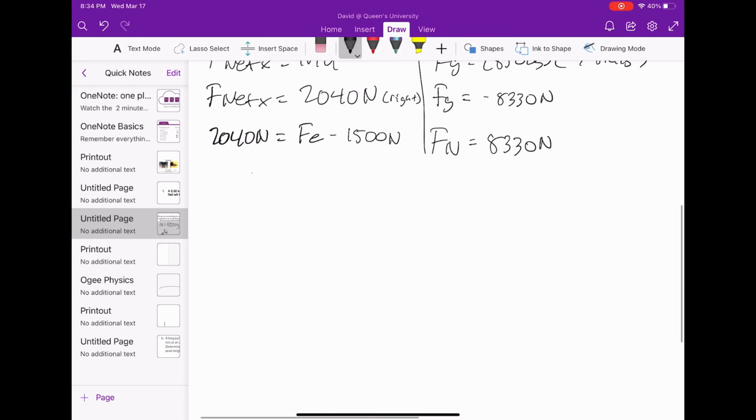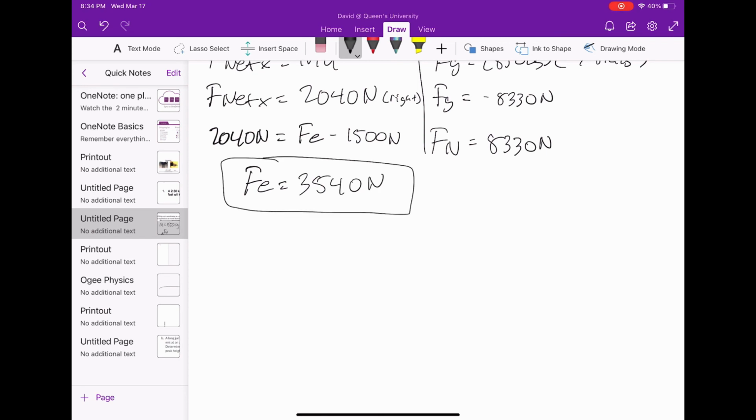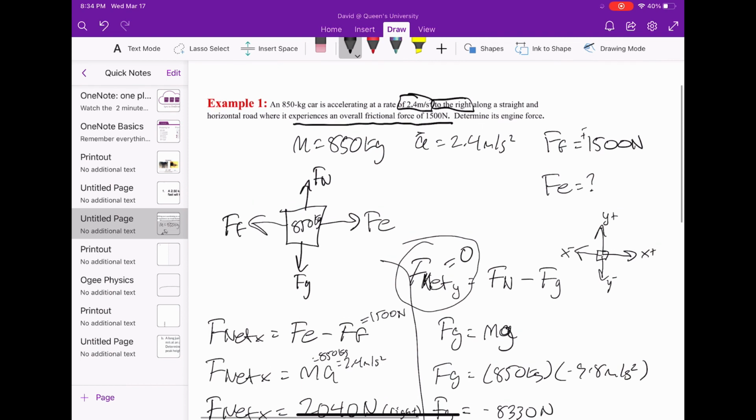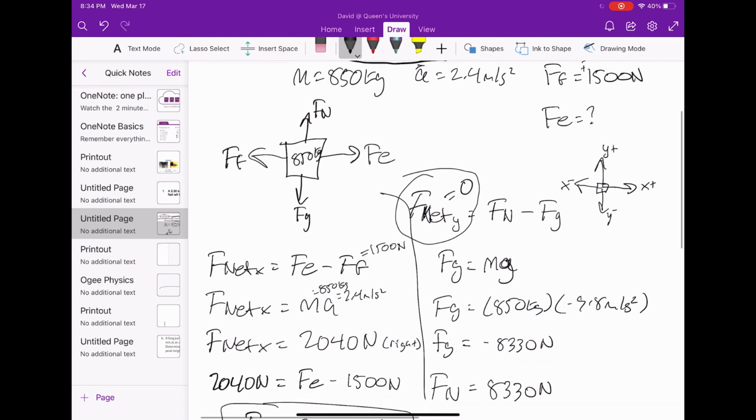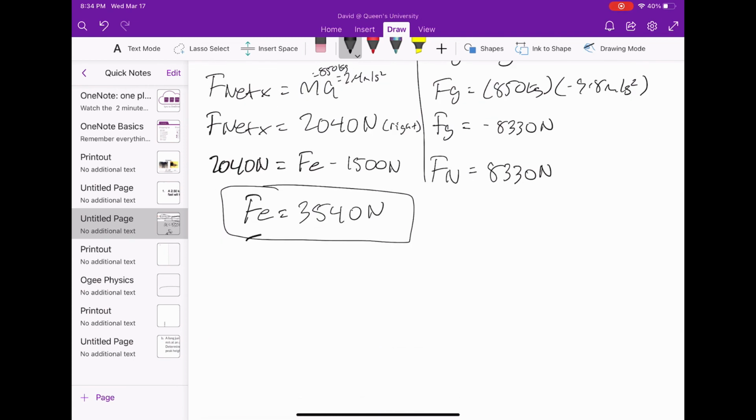So if we rearrange, that would mean our engine force equals 3,540 newtons. So this would be the engine force required to make the 850 kilogram car accelerate at 2.4 meters per second squared to the right, while experiencing an overall friction force of 1,500 newtons. This is the force from the engine we would require.